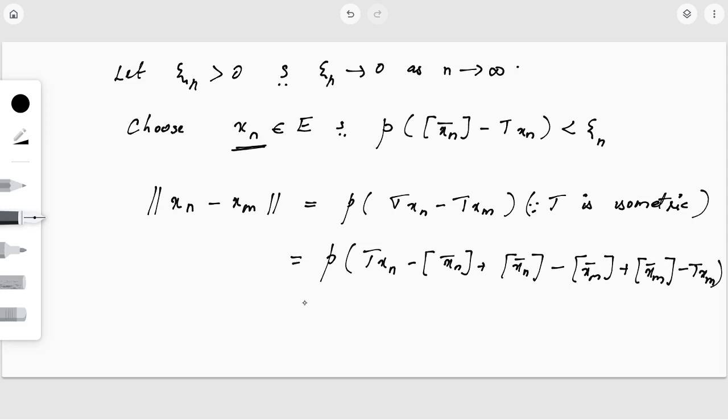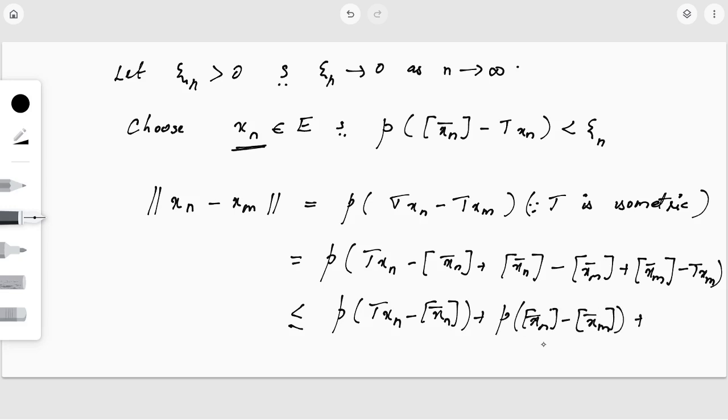Now by the property of the semi-norm, using the triangle inequality, we can write this as P of Txn minus coset xn bar plus P of coset xn bar minus coset xm bar plus P of coset xm bar minus Txm.